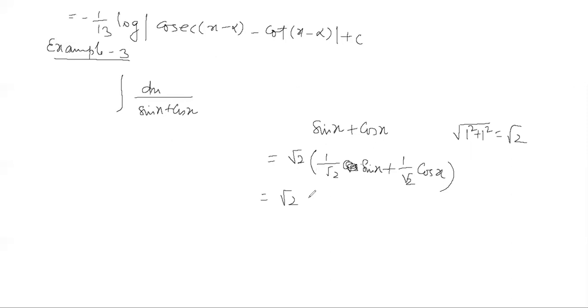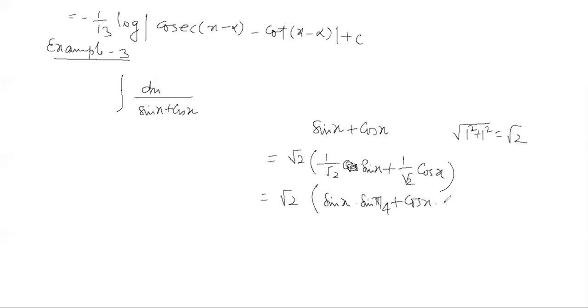So if you wish, you can write it here as sin alpha or cos alpha, right? Where in the book it is given, we have to just write this value as sine of pi by 4. Okay, sine 45 degree equals 1 by root 2.